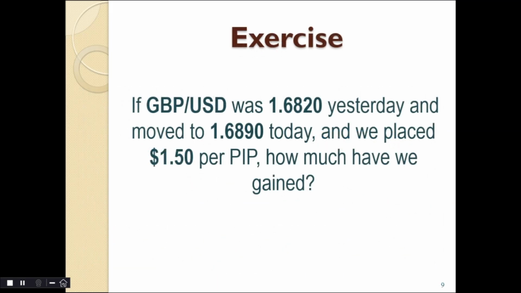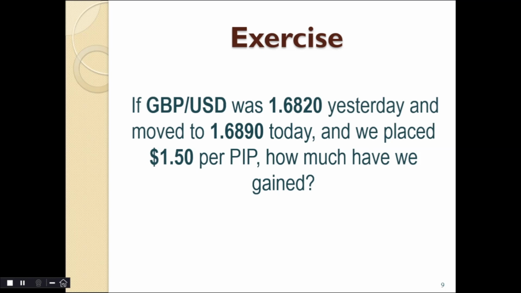Exercise. If Great British Pound USD was 1.6820 yesterday and it has moved to 1.6890 today, and we place $1.5 per pip, how much have we gained? I will not give you the answer, but this is how you go about it.